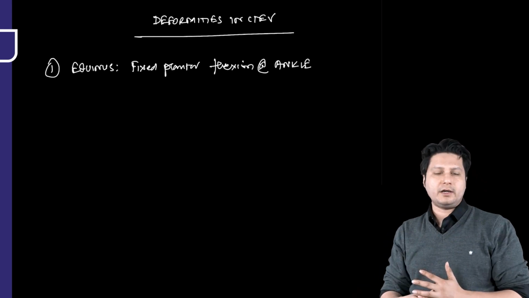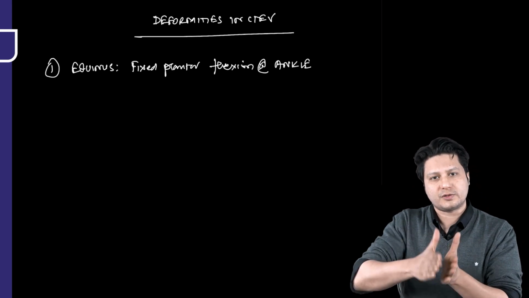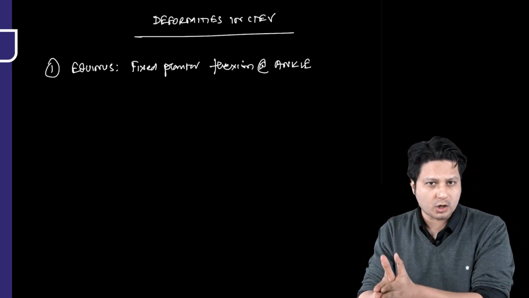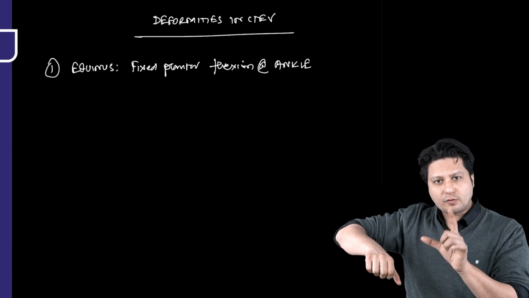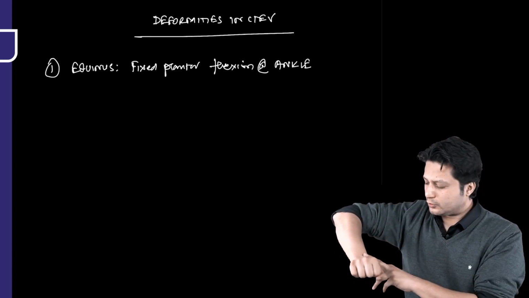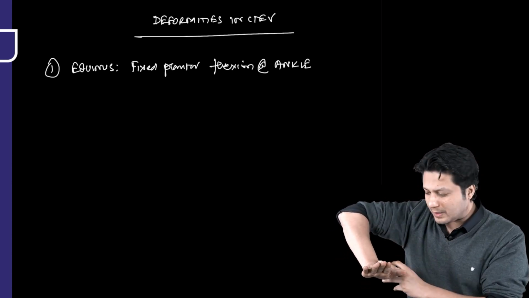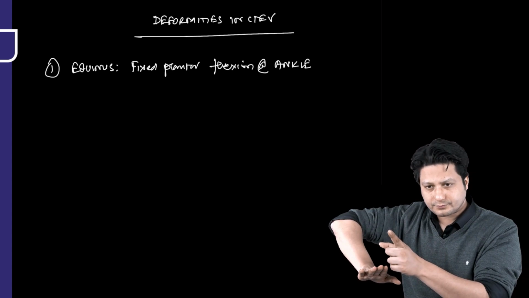Now some of you might be wondering why it is known by the name of equinus. Equine is the word used in relation to horses. In a horse, the long axis of the leg is almost aligned to the long axis of the foot, while in a human being, the long axis of the leg is perpendicular to the long axis of the foot.